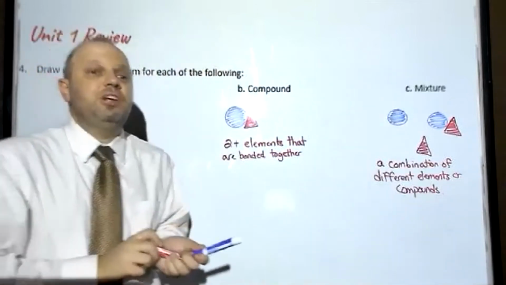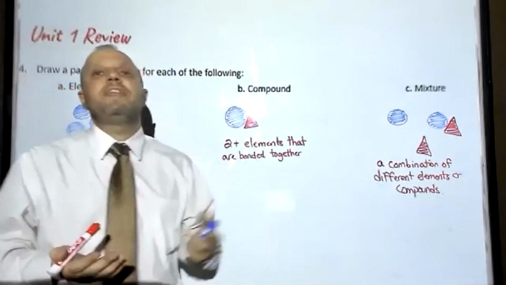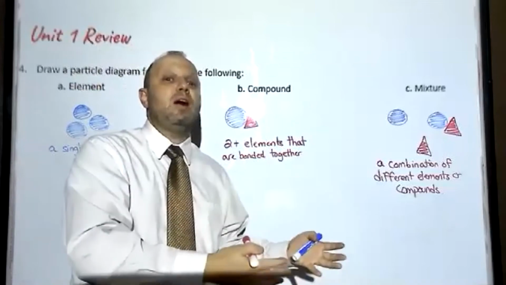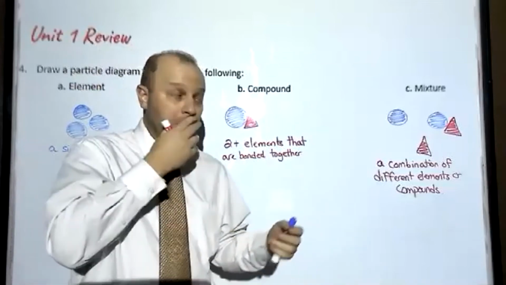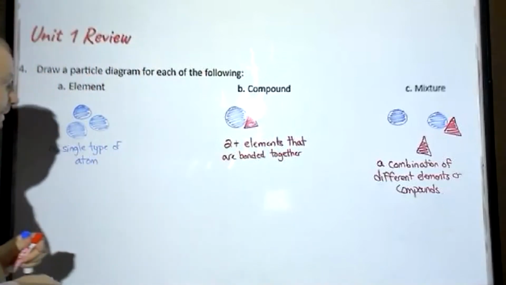So for this question, I might draw these three pictures and I might say, which one of these represents an element? Or which one of these represents a compound? Or which one represents a mixture? So I can make a picture like this and ask you those questions.